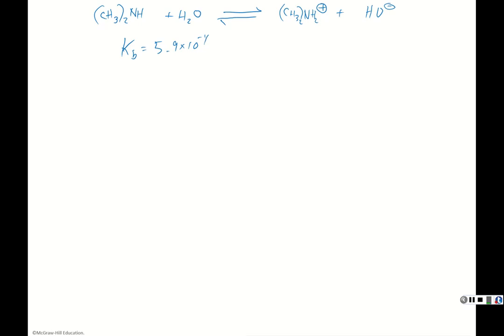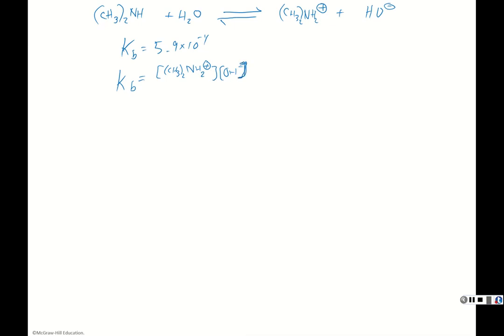And we can write this Kb expression. Kb equals our conjugate acid times our OH- concentration.